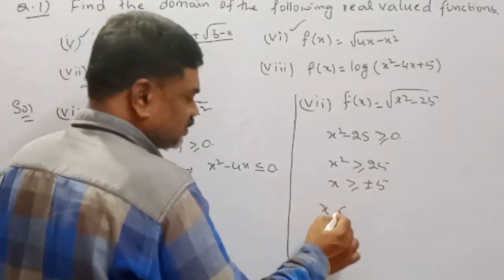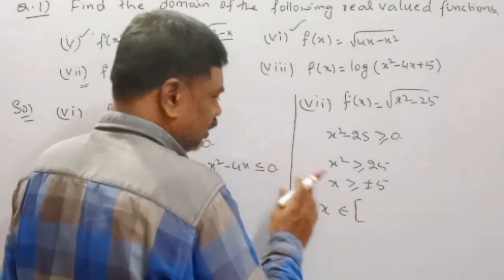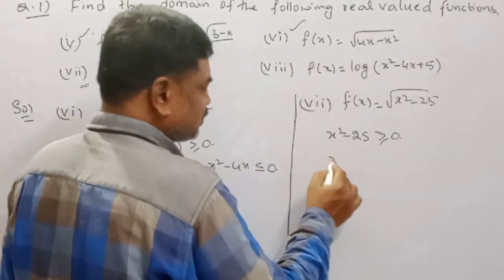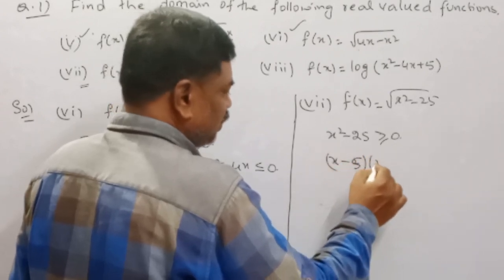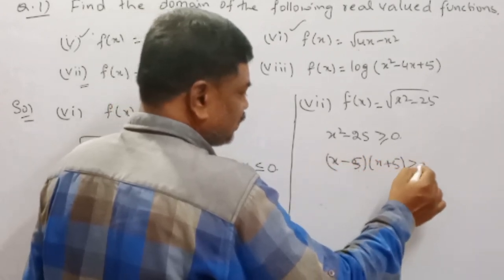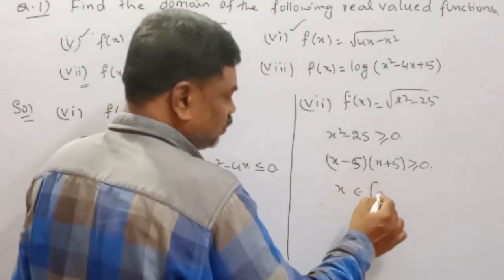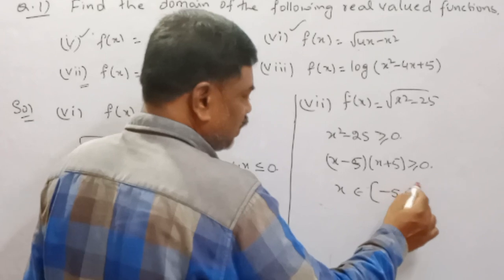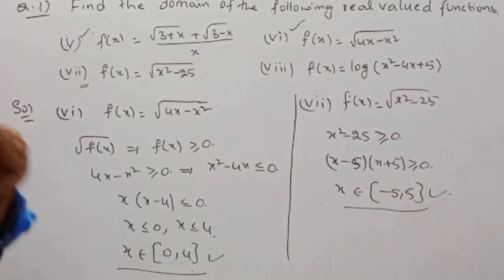That's why, what is the domain of this one? X belongs to closed interval, or you take it like this: x minus 5 into x plus 5 greater than or equal to 0, that is x belongs to closed interval minus 5 comma 5. This is the given function.